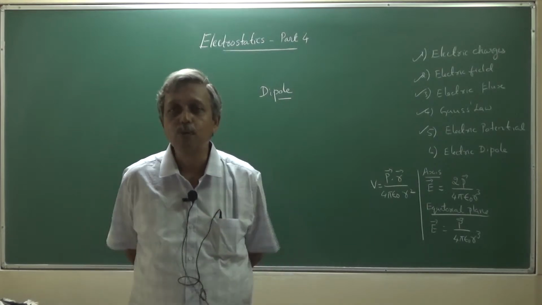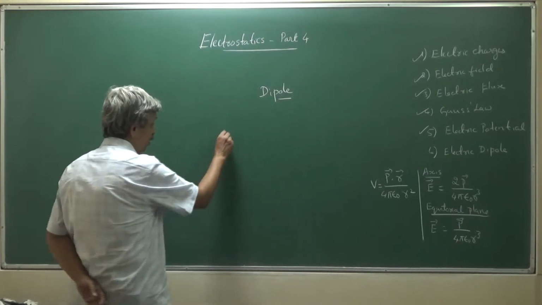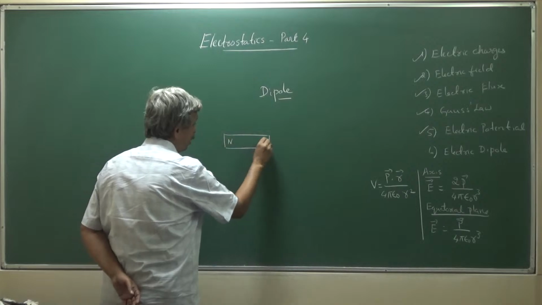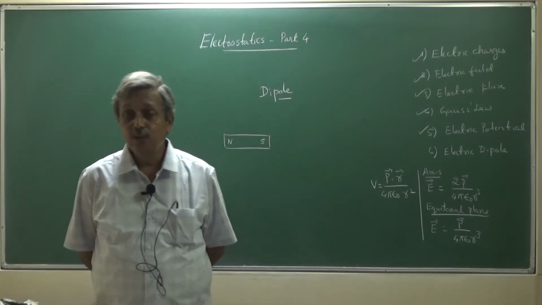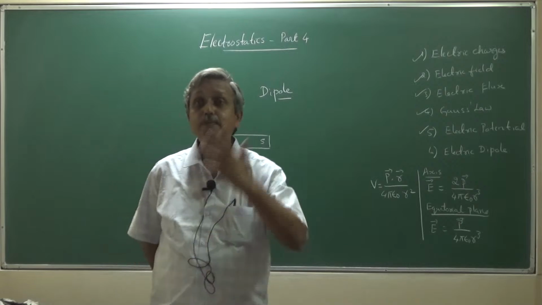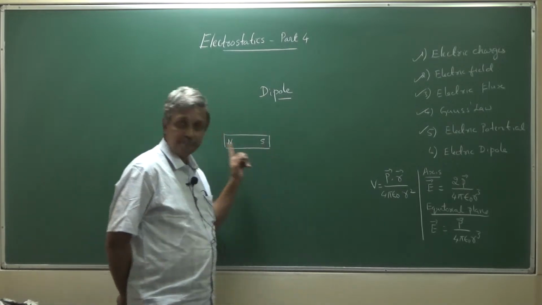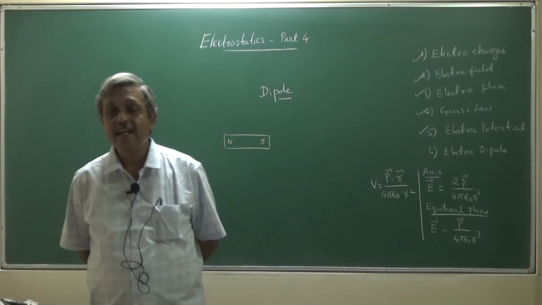That's what we call pole for a magnet. If you have a magnet, we write it as north and south. So a magnet is actually a magnetic dipole. Why is it a dipole? Because it has two poles, one north and one south. So it's called a magnetic dipole.